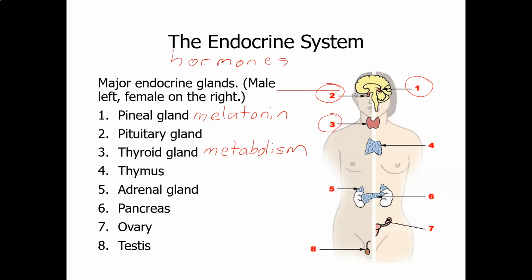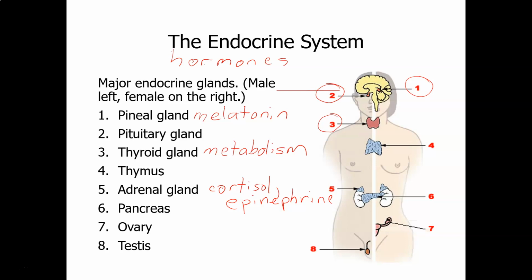The adrenal glands produce stress hormones like cortisol and adrenaline, which is the common name, but the medical term for adrenaline is epinephrine, which can actually act as a hormone or a neurotransmitter. That's one that can be used as either or.